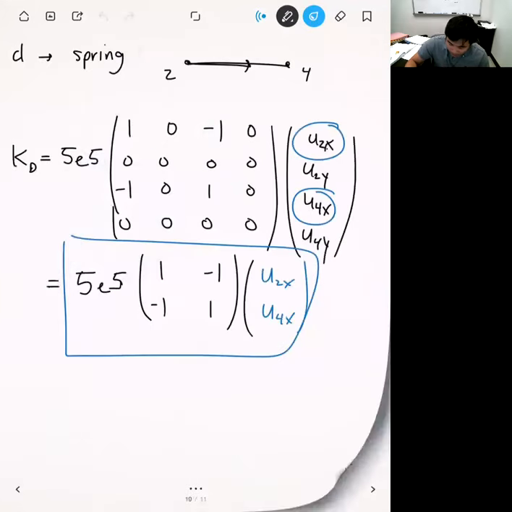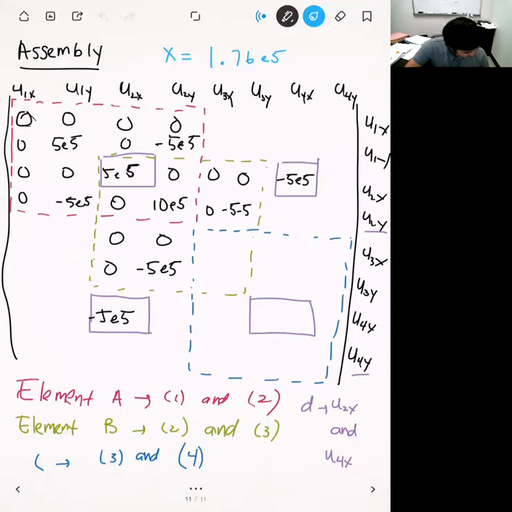Okay. All right. And so here we have x, minus x, minus x. We have x plus 5E5. Okay. We have minus x, x, x, minus x.